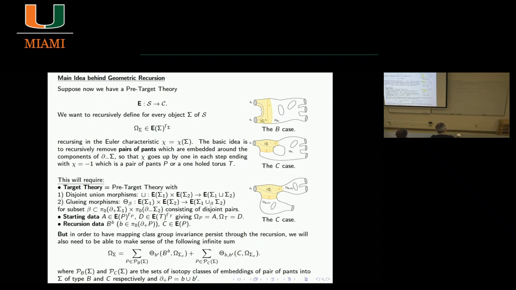The C case actually splits in two, namely where the complement is connected and where the complement is disconnected. I could have chosen two different C's for whether the complement is connected or disconnected. But in order to line up well with topological recursion, I won't do that. So I'll just choose one and the same C for these two cases.